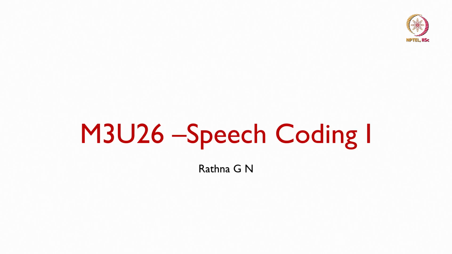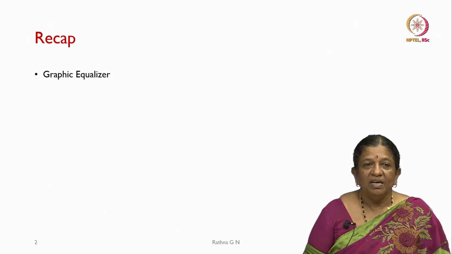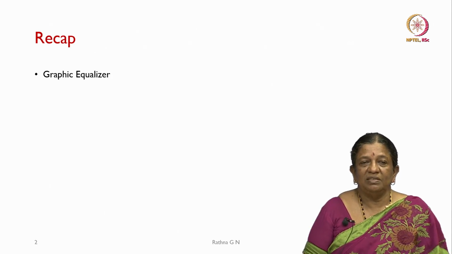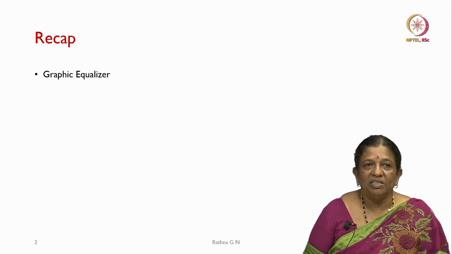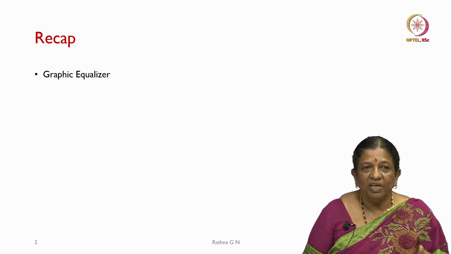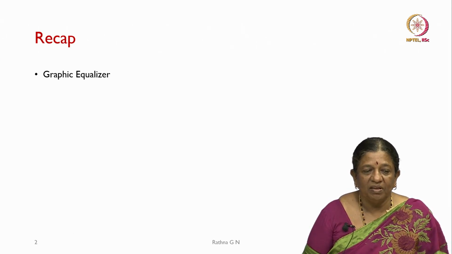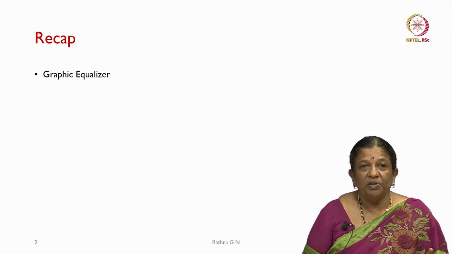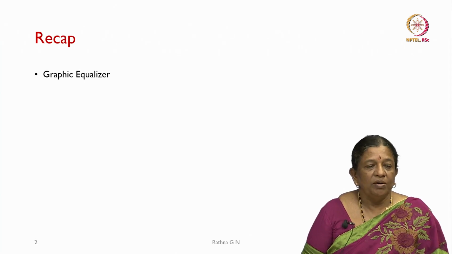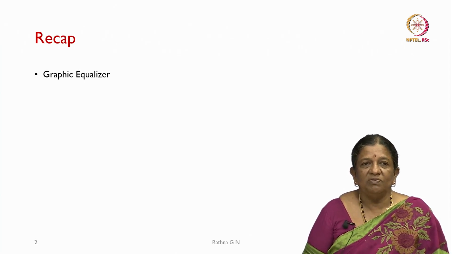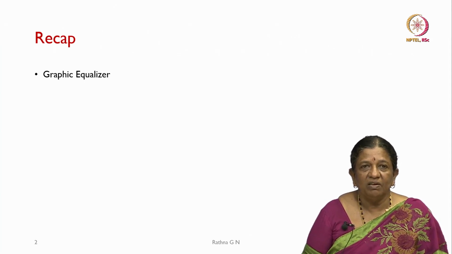So, to recap the last class, we discussed the graphic equalizer. Why do we need the graphic equalizer? In different applications, even when wearing your mobile phones, you can equalize the audio so that whichever part of it you want, you can hear.